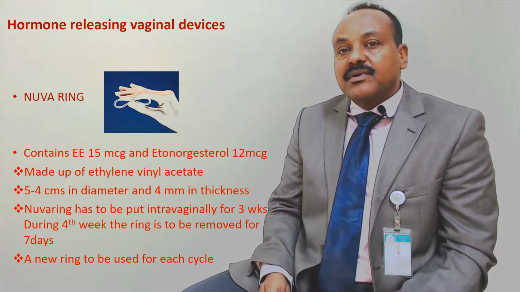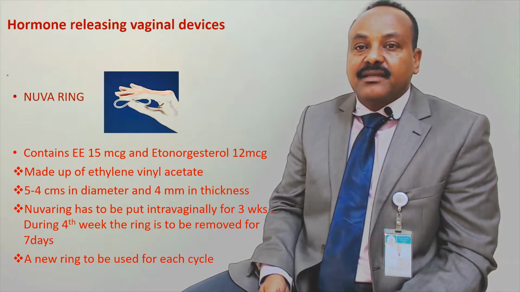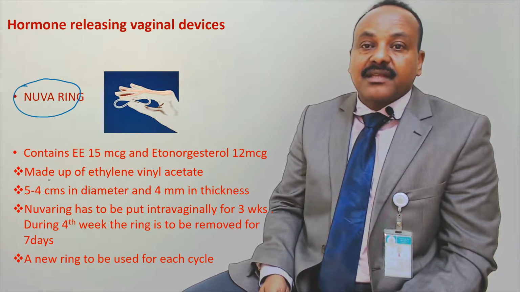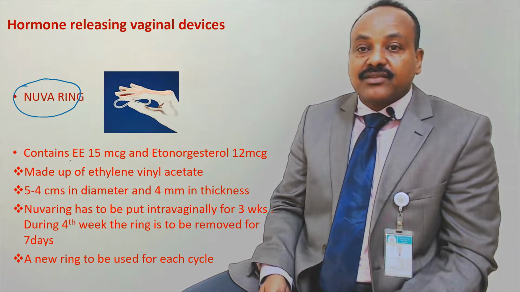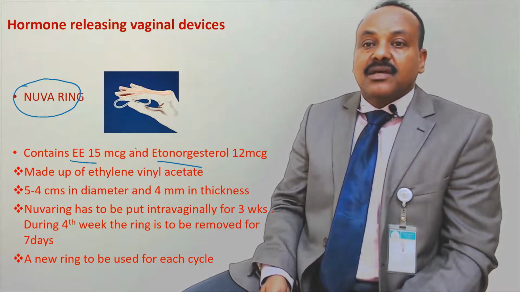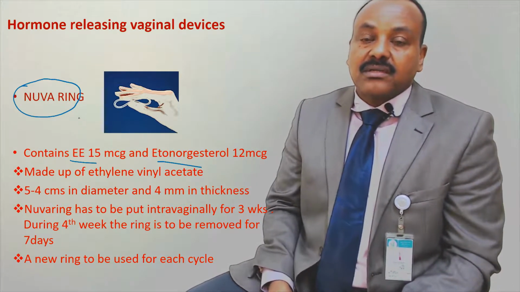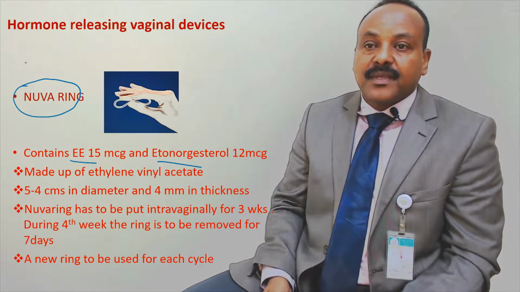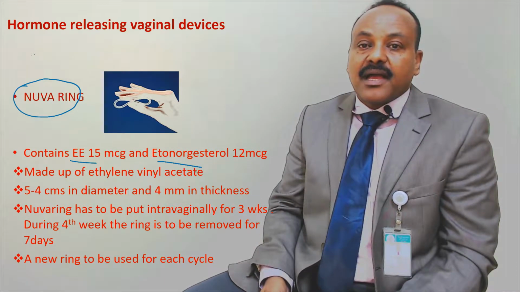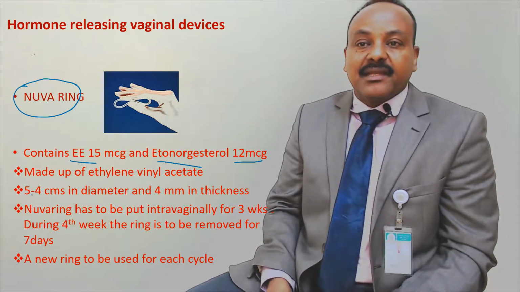Another form is NuvaRing. It is a combined hormone method, containing ethinyl estradiol, which, as I told you, is constant in most combined contraceptive methods, and etonorgestrel 12 microgram, and it is 5 to 4 centimeter in diameter.